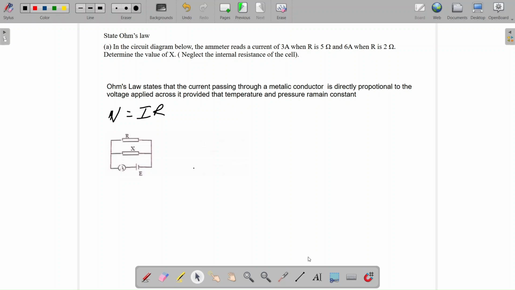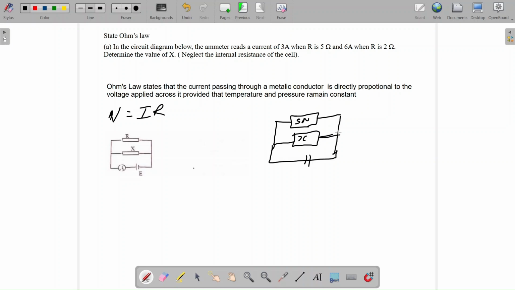When you have 5 ohms here, that is what will be the value of X here, giving 3 amps passing through it.